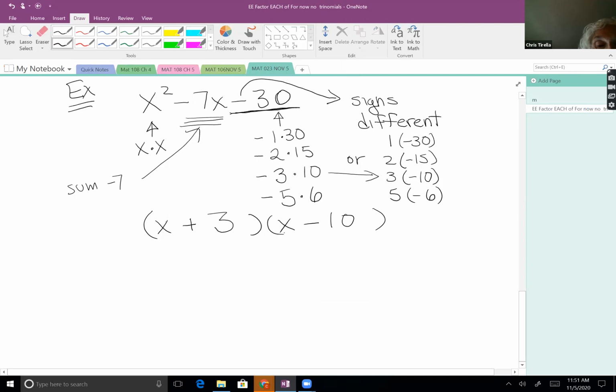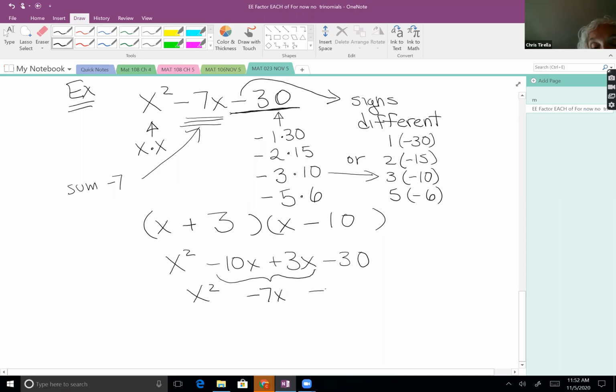When I multiply, first we knew would give us x squared. Outer gives me negative 10x. Inner gives me positive 3x. Last gives me negative 30. When I look at those like terms in the middle, negative 10x plus 3x would give me negative 7x.